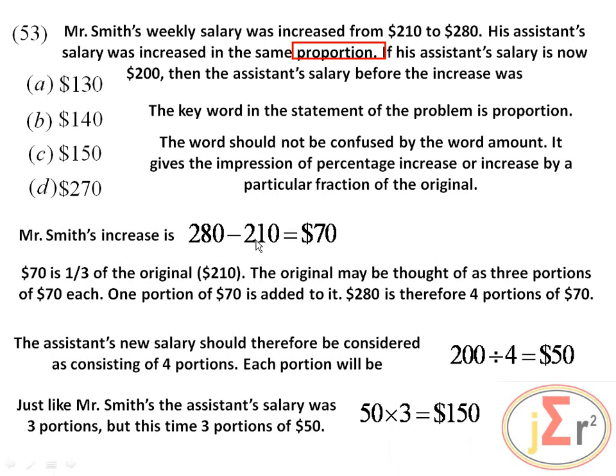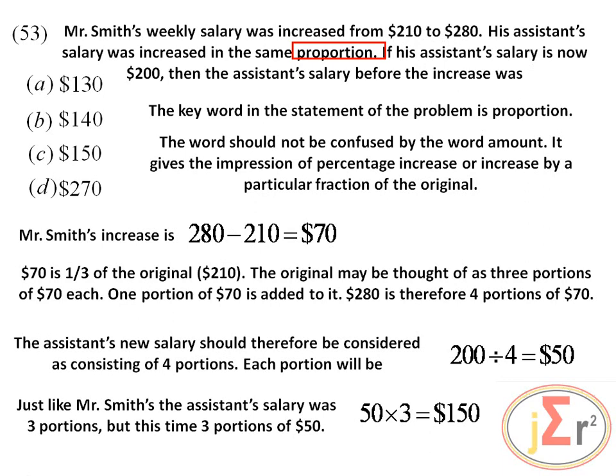Let us do a little recap of it. We need to know the increase. We subtract 210 from 280 because it is increased from 210 to 280, which is 70. 70 turns out to be 1/3 of 210. Therefore, we can consider that the 210 is actually 3 portions.